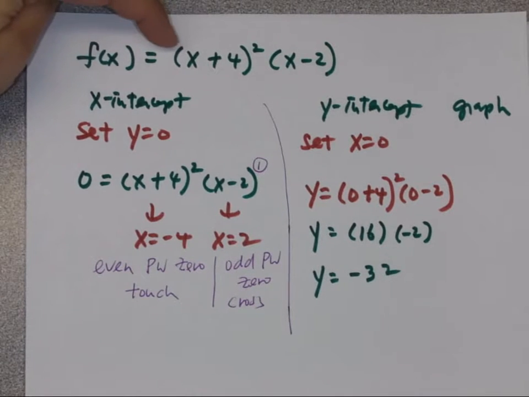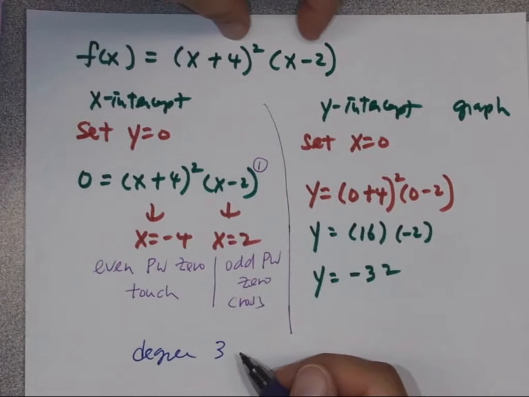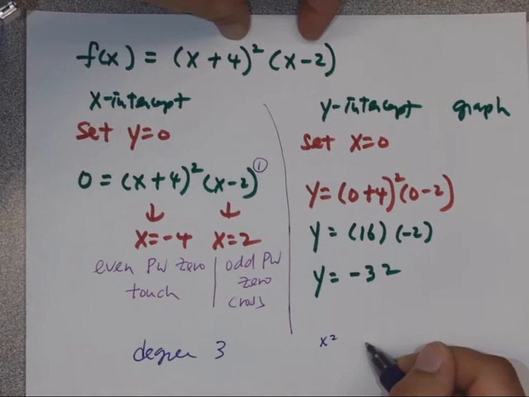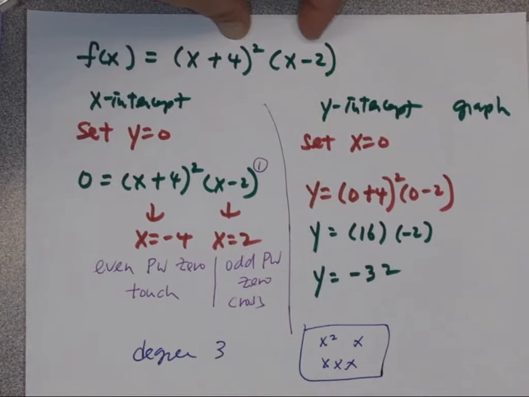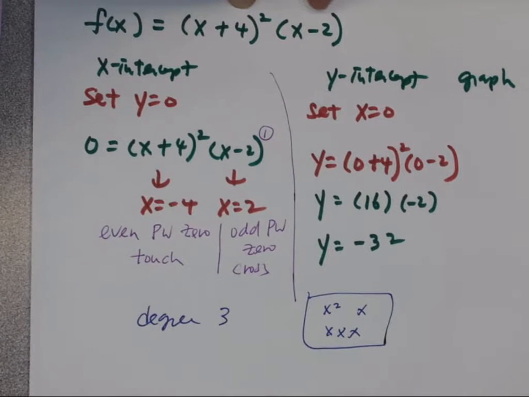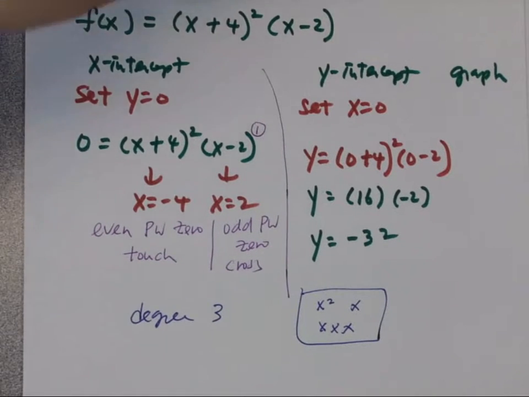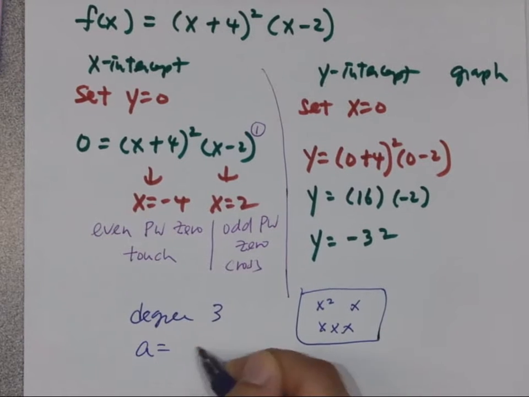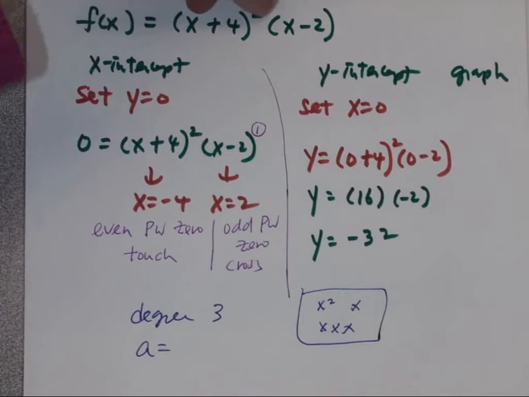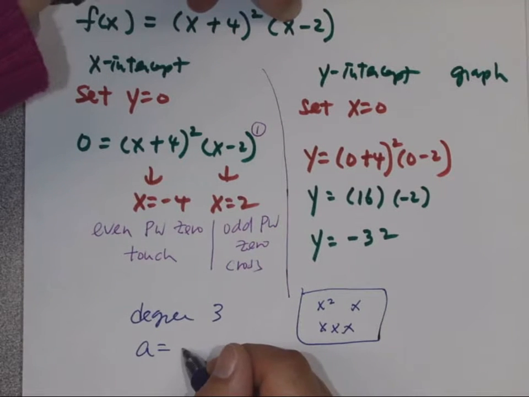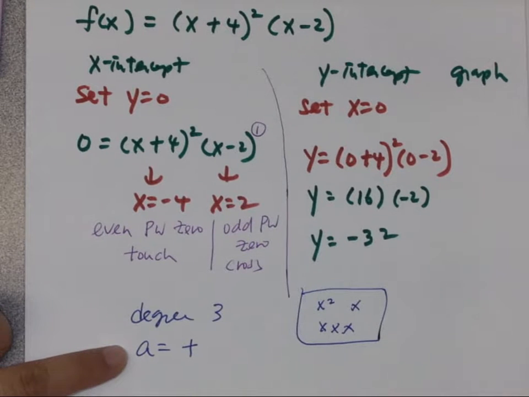What degree is this function? This is a degree 3, because like 2 here and 1 more, right? Like you have an x squared and then an x, together is going to be 3. So degree 3 and the leading coefficient a is going to be what? Positive or negative? Yeah, positive at the beginning and times another positive is going to be positive. So at degree 3 with positive, what is the end behavior?